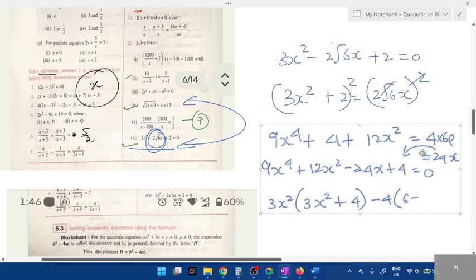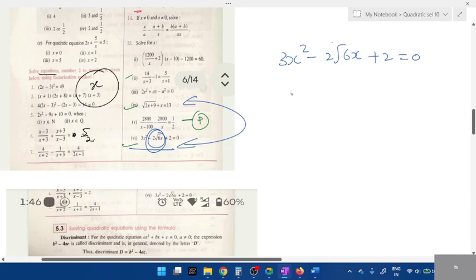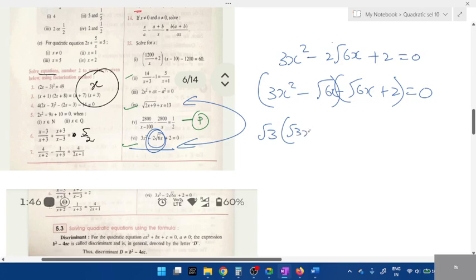Okay, after she's done in that method, she split this middle value. Plus 2 is equal to 0. This is a bit lengthy rule. Then you have to take root 3. Like this, right?